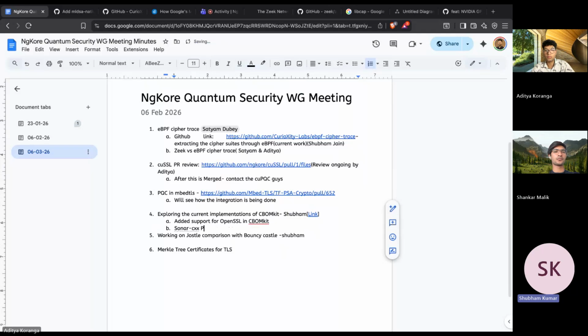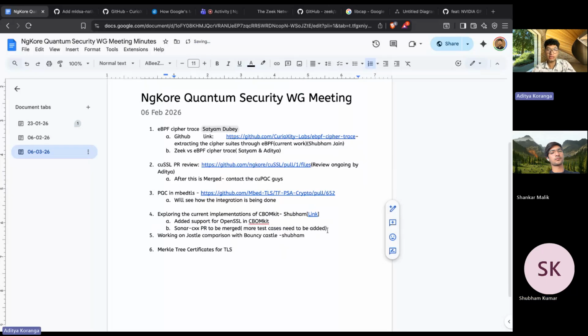Code coverage is basically whatever new code you write, you have to make sure you have written enough test cases to ensure your code is working fine. When I checked, it is around 62%, so I have to add some more test cases, and then I can push it for review.